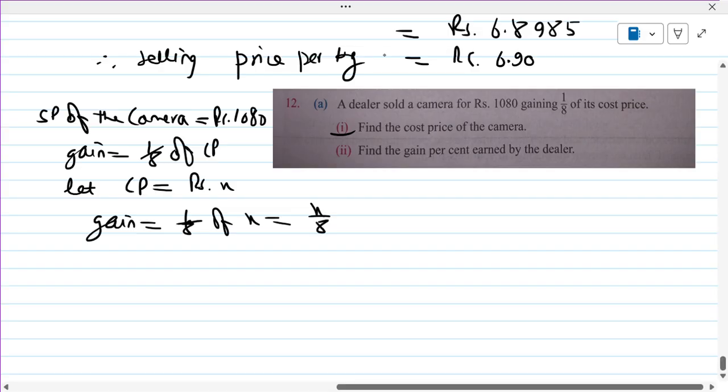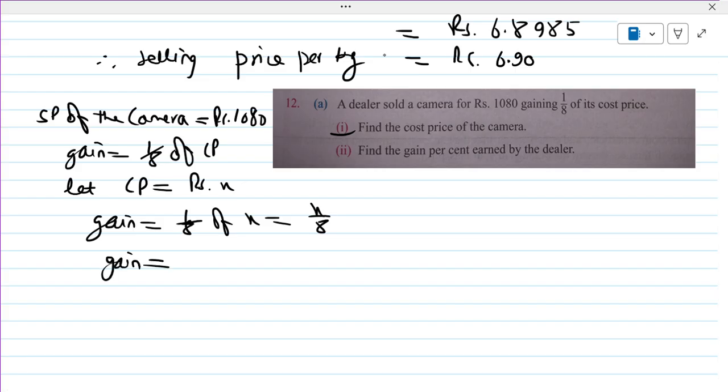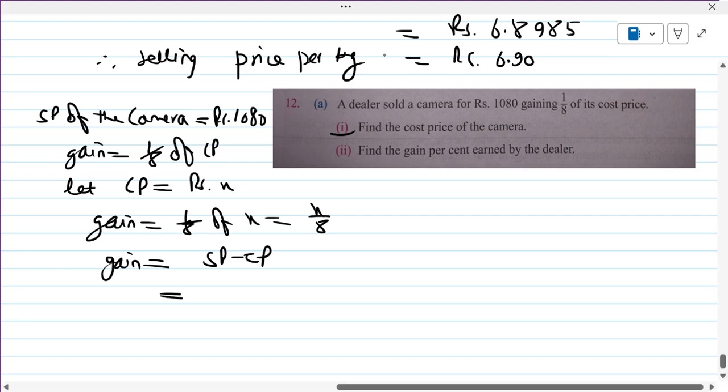And here the profit is given as a fraction. So gain equal to SP minus CP. So here we got X by 8. SP we are given here 1080.